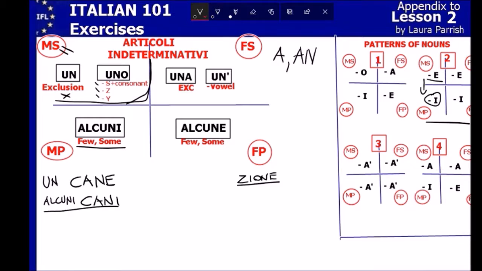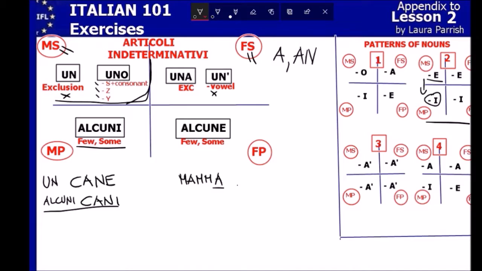So here, let's see another word that we could use. For example, let's use mamma. Mamma means mother or mom. Mamma, ending in a, is feminine singular, so we go here. By exclusion, we ask, does it start with a vowel?